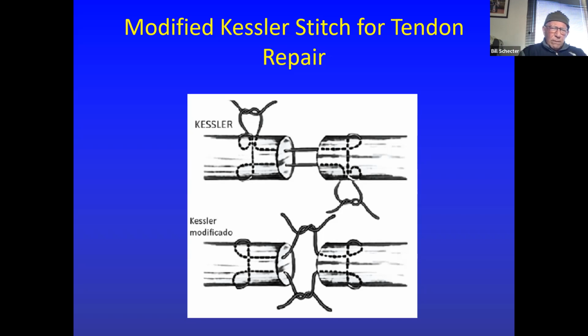I think for our purposes as general surgeons, if you can get tendon to tendon approximation using this stitch, and it looks good, and you can achieve early mobilization, supervised mobilization, then I think we've done our job.